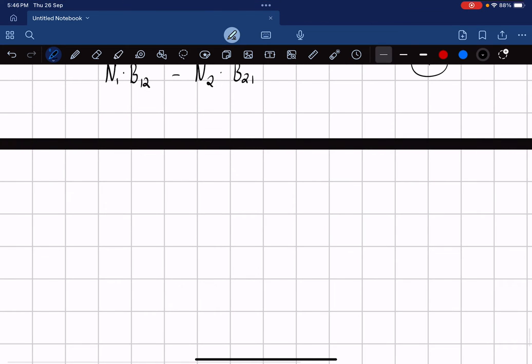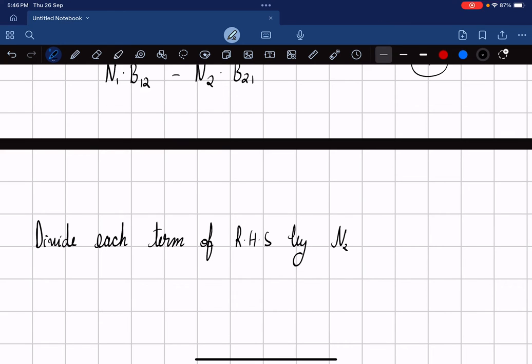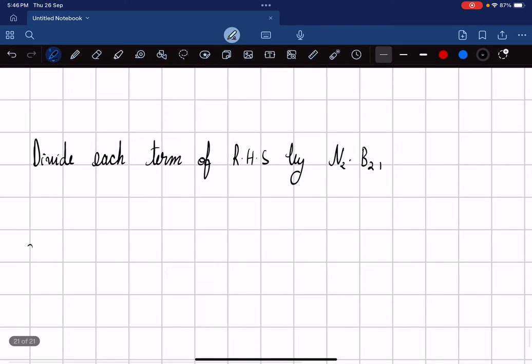Now let's divide each term of the RHS by N2 B21, which will give us this.